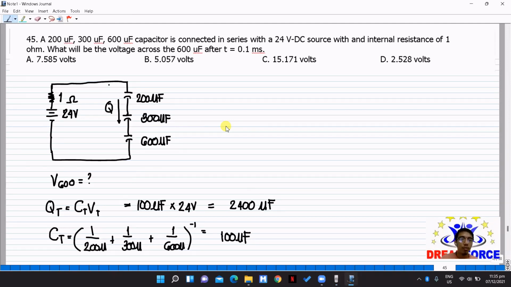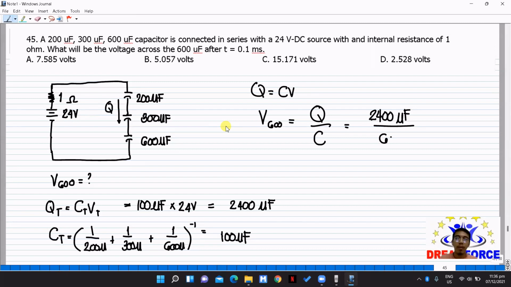So since meron na akong Q, yun yung common, just like the current na common, pwede ko na bang hanapin yung V? Yes. Using again your Q equals CV. So ang V natin on the 600 microfarad capacitor using this formula is syempre yung Q divided by yung C niya. That is 2,400 microcoulomb divided by its C, that is 600 microfarad.